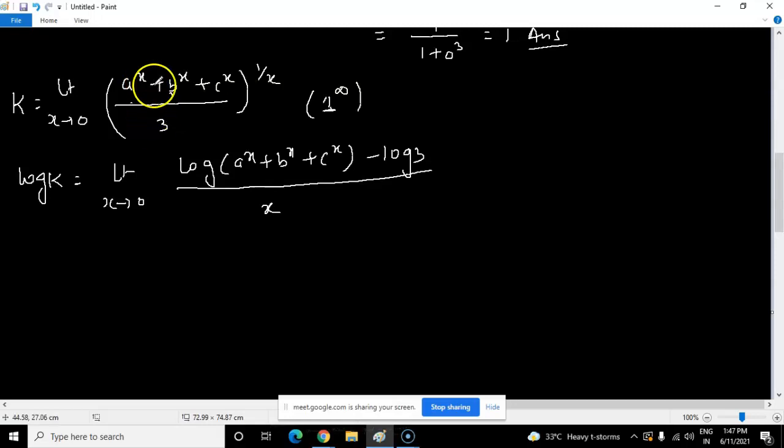Log of m by n I can write as log m minus log n. Now if you put 0 here, this is log 3 minus log 3, so we get the 0 by 0 form.